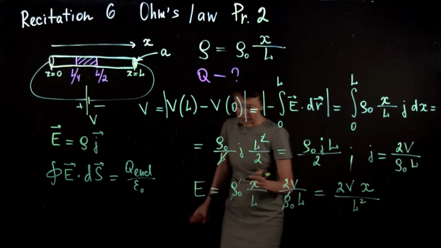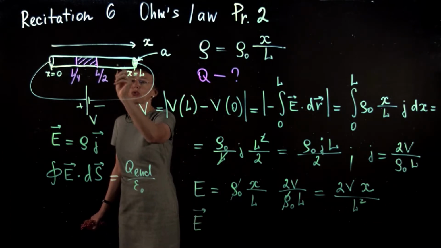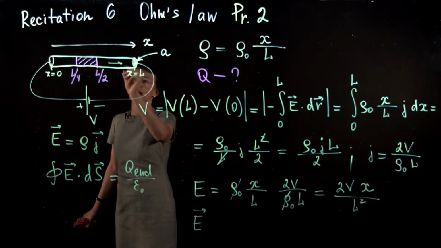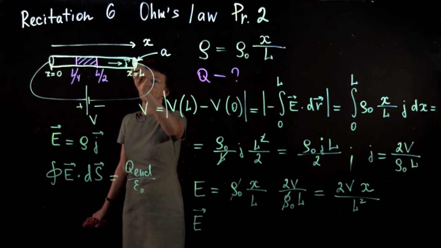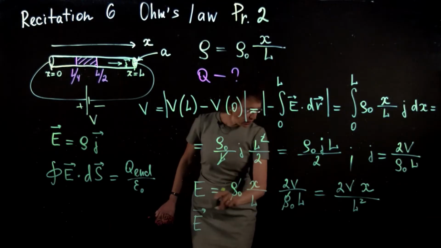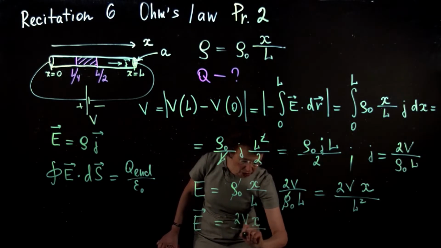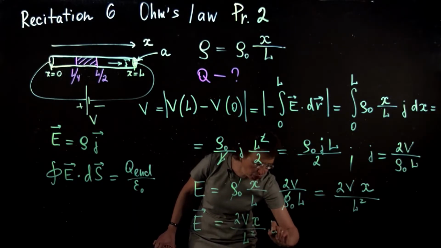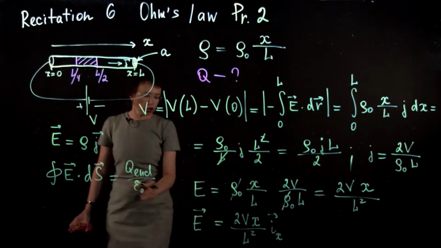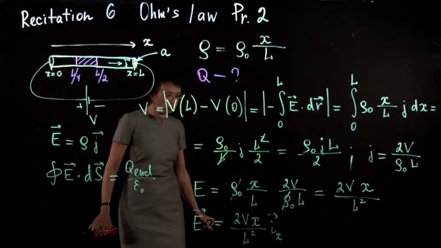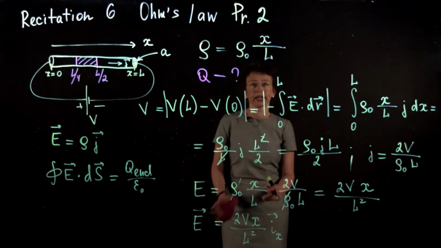And if I want it as a vector, we understand that the electric field is rho J, J is to the right. This is the direction of J, in the same direction as the current, and then E is 2Vx divided by L squared, and I put here Ix, unit vector in the x direction to show the direction of the electric field. So electric field is 2Vx over L squared Ix.